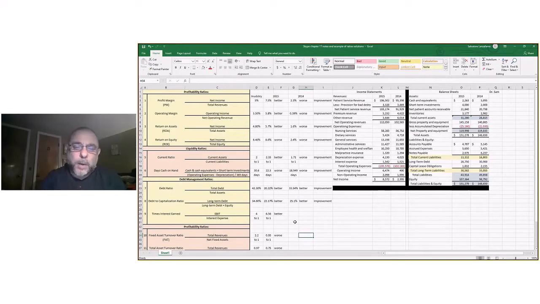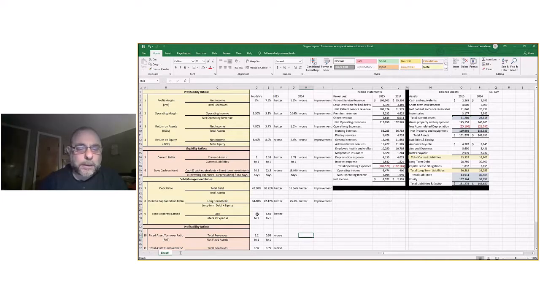So a bank wants to know, how good are you right now at covering your interest payments with the current loans that you have? If you're having trouble now, they're not going to loan you more money. So they want to see this number as high as possible.